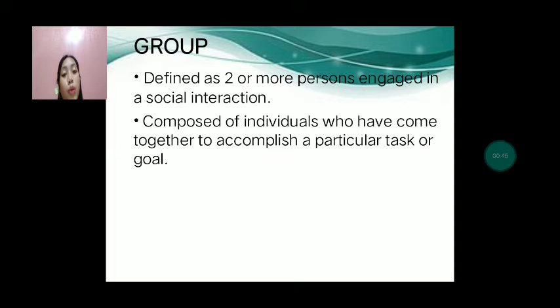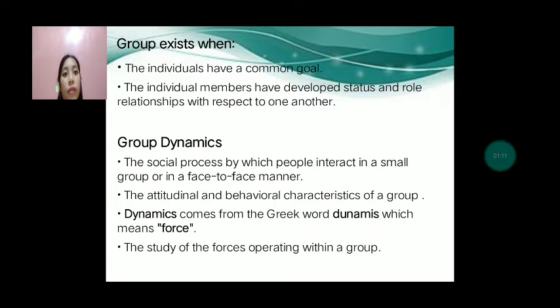Also, a group is composed of individuals who have come together to accomplish a particular task or goal. So, a group consists of two or more persons which have a common goal or interest in doing certain things and tasks to accomplish. So how can we consider a certain circle of friends a group?